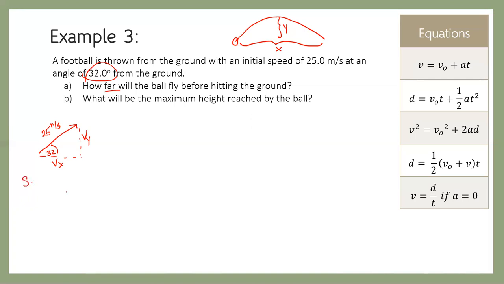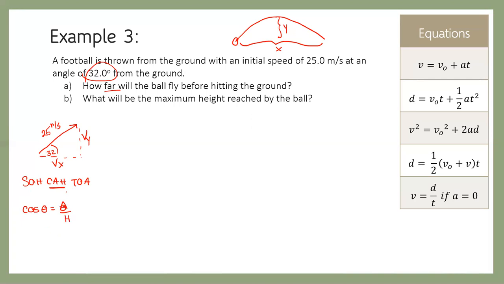So it's SOHCAHTOA. X is going to use cosine. So cosine of our angle is equal to adjacent divided by hypotenuse.